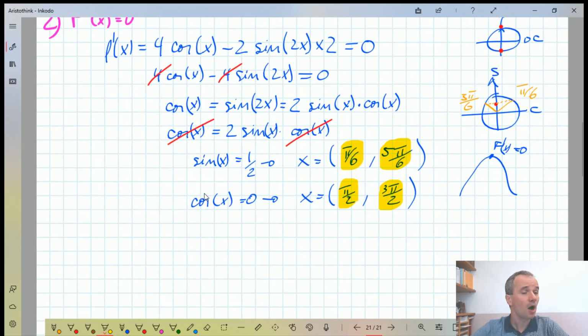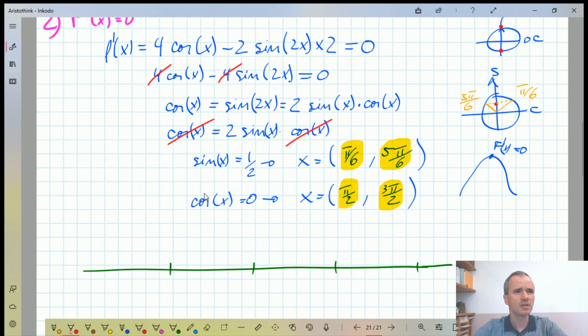Now, what about the boundaries? I'm not going to use boundaries yet, because now I'm going to the number line. And I'm going to put all the values that I found. So the first one is going to be pi over 6.